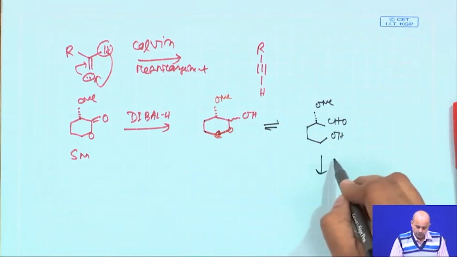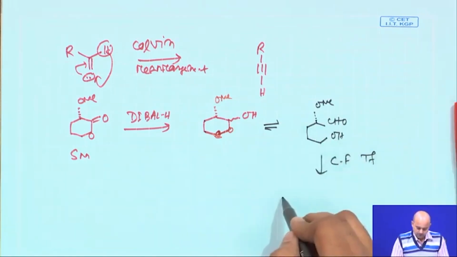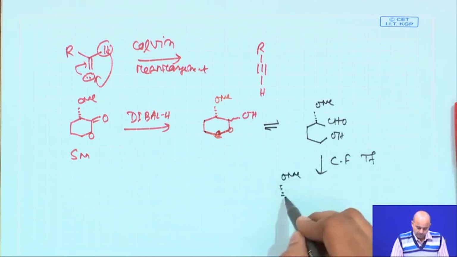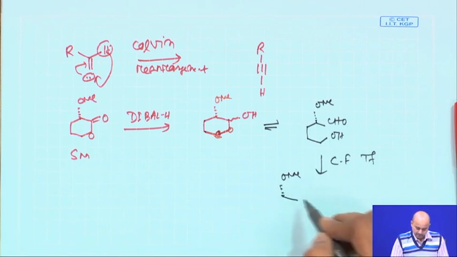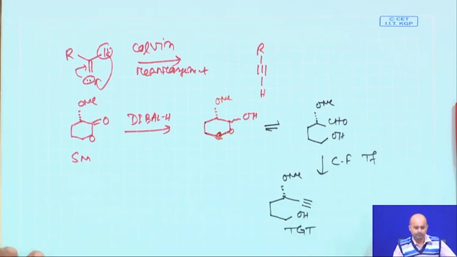Now, you do the Corey-Fuchs reaction, the transformation which I have just discussed. You now get this alkyne with CH2, CH2, CH2, OH. So, this is the target molecule we initially set up.